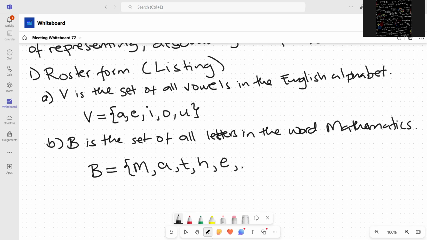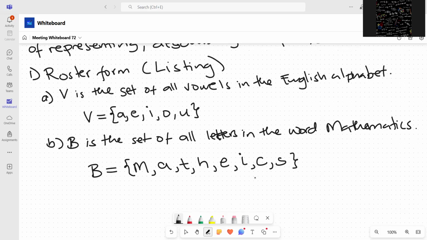Now we're not going to write M again because remember our set, the elements are distinct. There are no repetitions. I cannot write M again because M is over here. Then next would be A, but it's already written over there. Then T is already written there. Then I have I, and I have a C, and I have S. Okay, so this is how I represent my set in roster form.